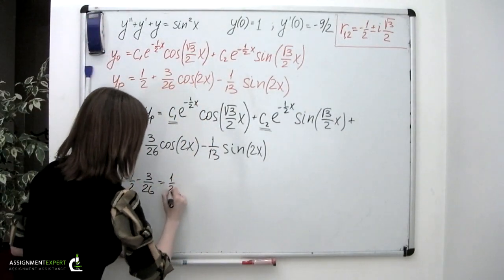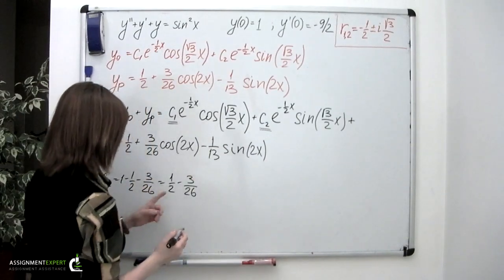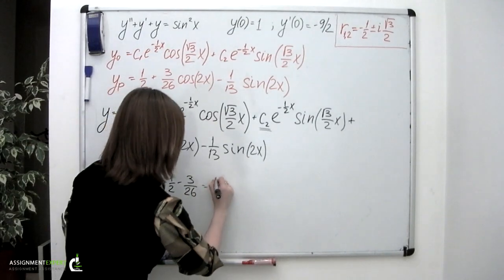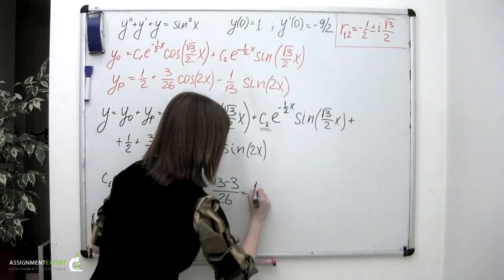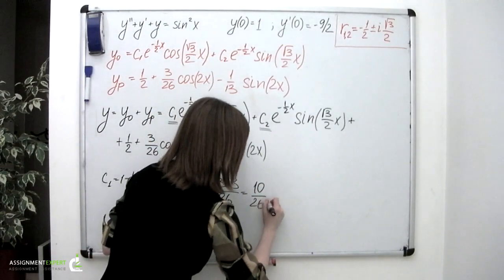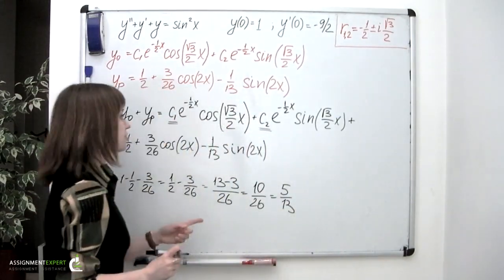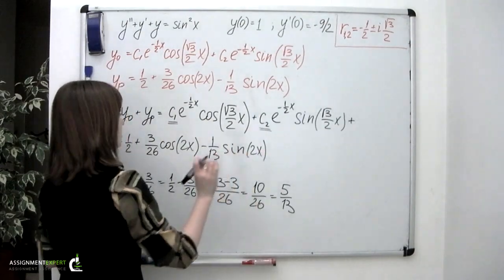Which is 1/2 minus 3 over 26. This one goes multiplied by 13, so we have 13 minus 3 over 26, or 10 over 26, or 5/13. So this is our first constant, which can be substituted into this residual expression.